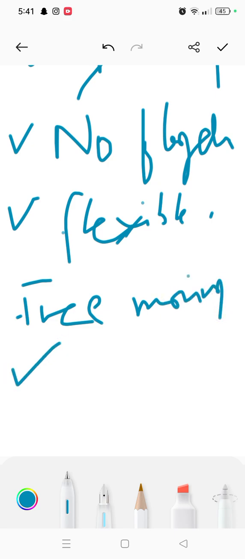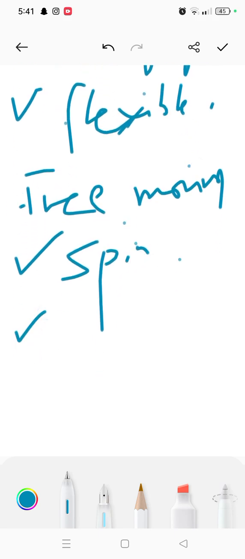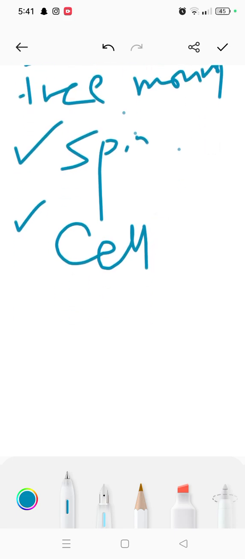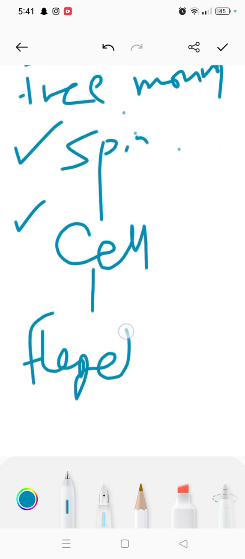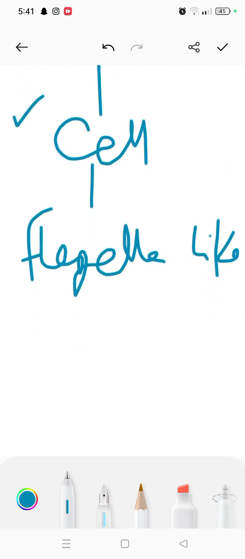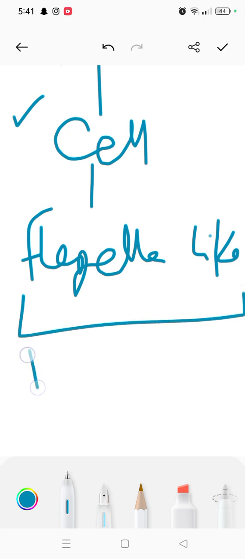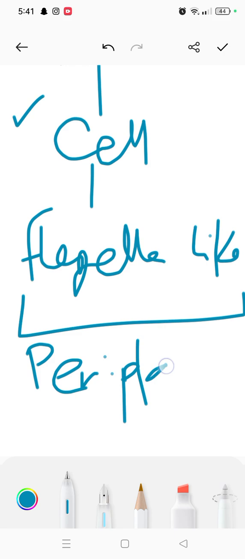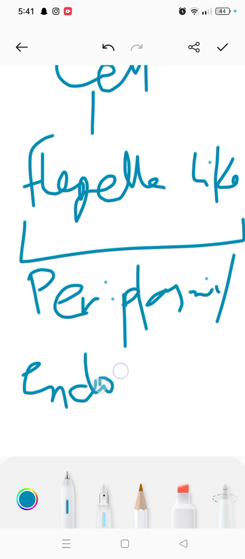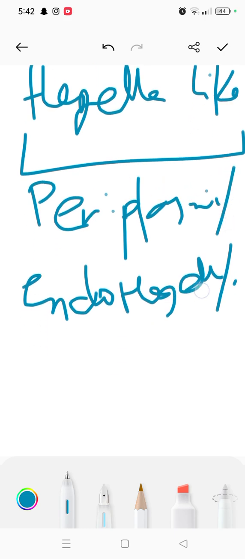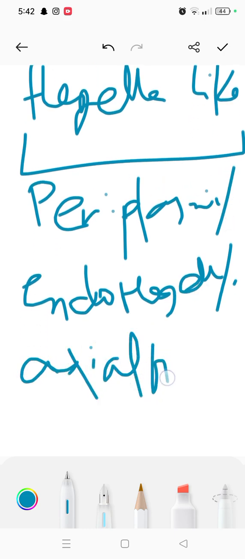They can spin, grind, creep, a lot of movement can happen in this one. They have cells that seem to make flagella-like structures, but they are not exactly flagella. That flagella-like structure has many names. First would be periplasmic flagella, second would be endoflagella, another name could be axial fibrils. So you see, we have so many names here. This is about the second movement.